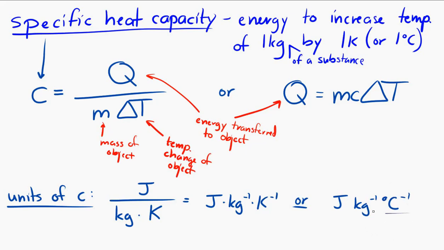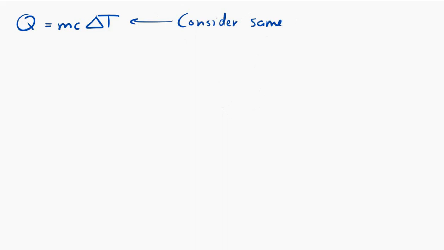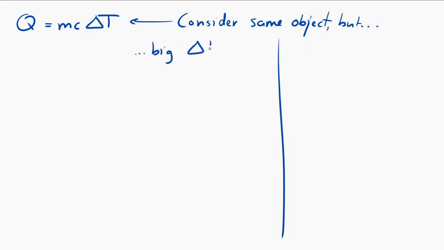And let's try to use these equations to make a little sense of this. So let's start out with Q is equal to m c delta T. Consider a situation where you just have an object, and you're going to keep the same object the whole time. And in one situation you'll have a big temperature change, and in one situation you'll have a small temperature change. In both situations, m and c are the same, right?